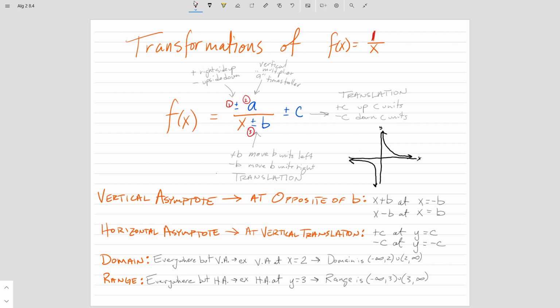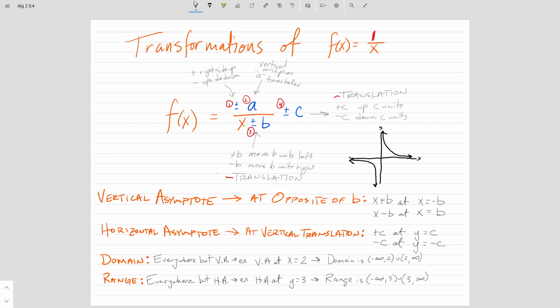And then the very last piece of information on the end works the exact same as all the others. The plus and minus c moves it up and down. And then these two are actually called translations. So that's the correct term that you'll run into occasionally here. But these are the exact same transformations we've had in the past. So that's why I'm not really going to spend a ton of time talking about them.